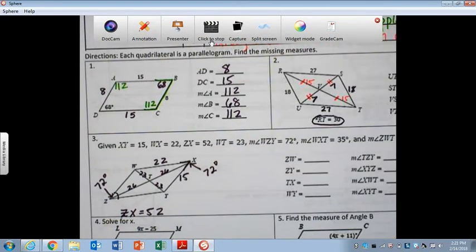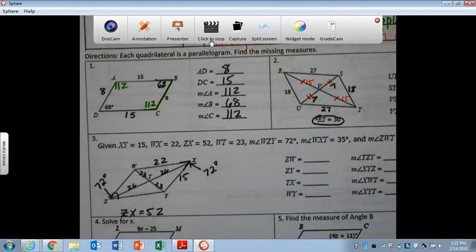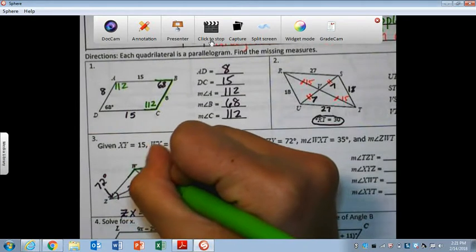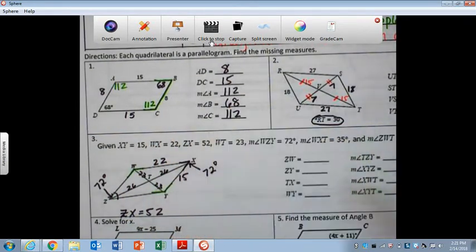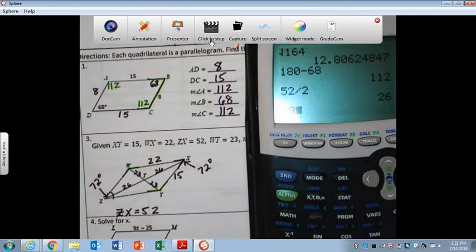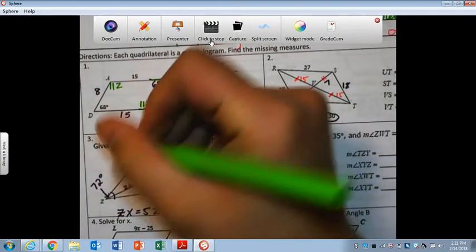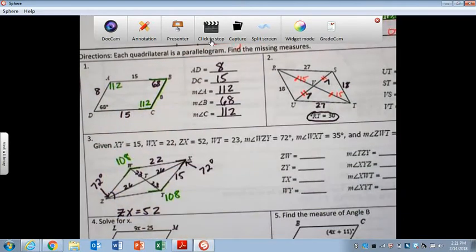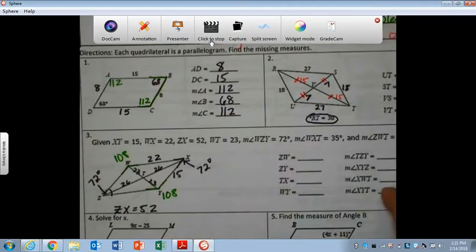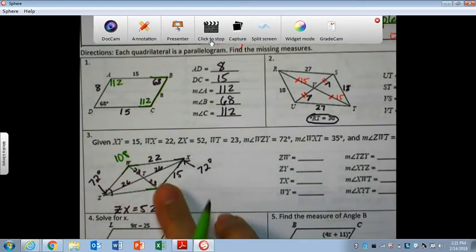And then, because of consecutive angles, you have to subtract 180 minus 72, that's going to be 108, so this whole big Y is 108, and that is 108. So again, I'm not playing with these, I'm looking to see what I can solve first.